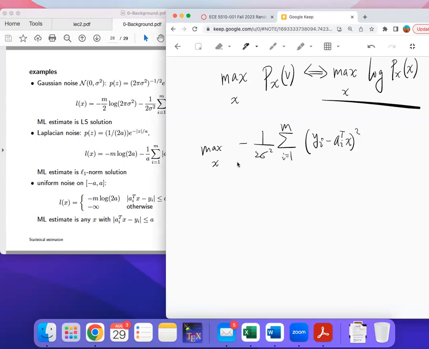Maximizing over the second term is equivalent to minimizing, because there's a negative sign here. It's equivalent to minimizing the negative of this term, so we can get rid of the negative sign.